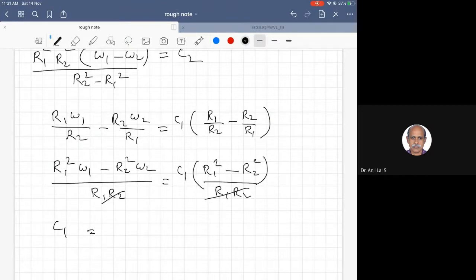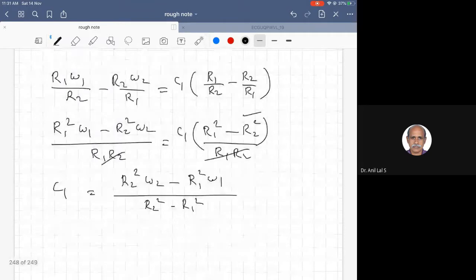R2 squared by R1 squared is better because R2 is larger. So we will write R2 squared omega 2 minus R1 squared omega 1 divided by R2 squared minus R1 squared. So this is what C1 is. So we have both C1 and C2 to substitute.